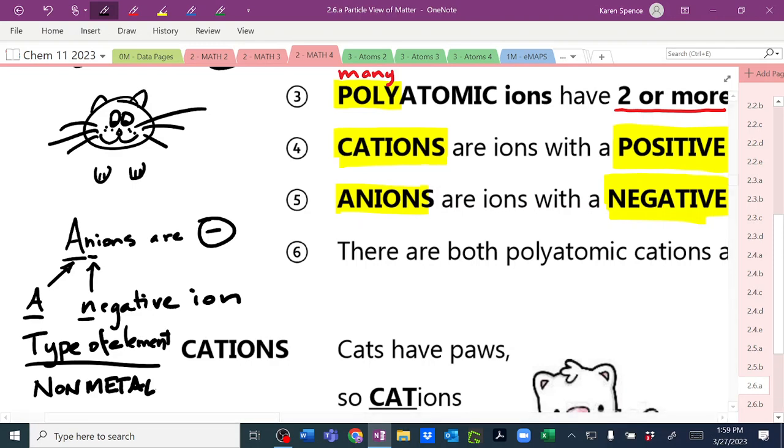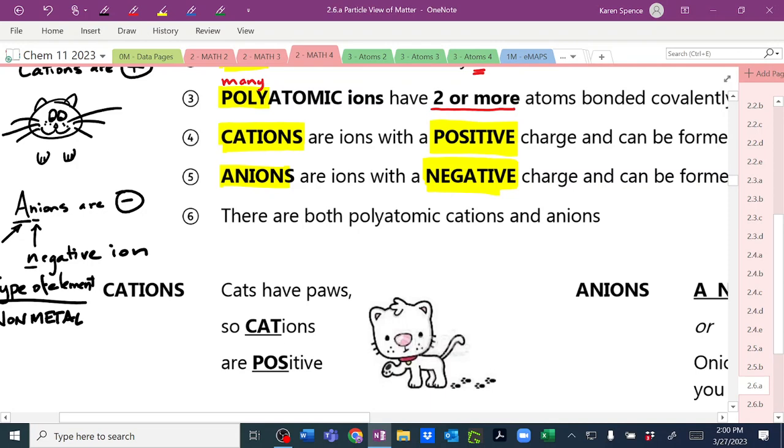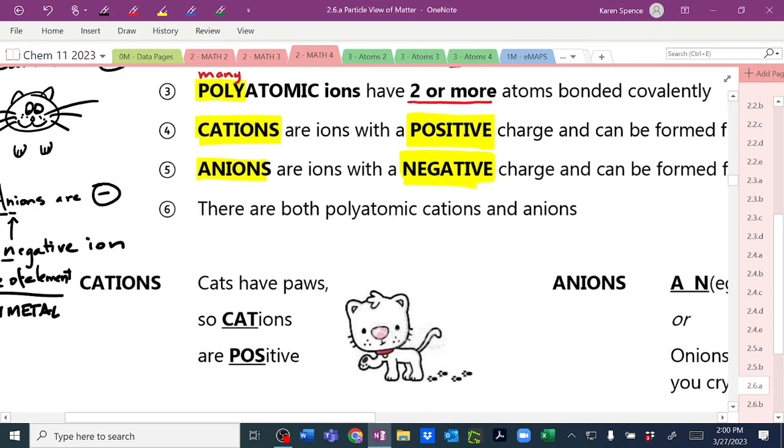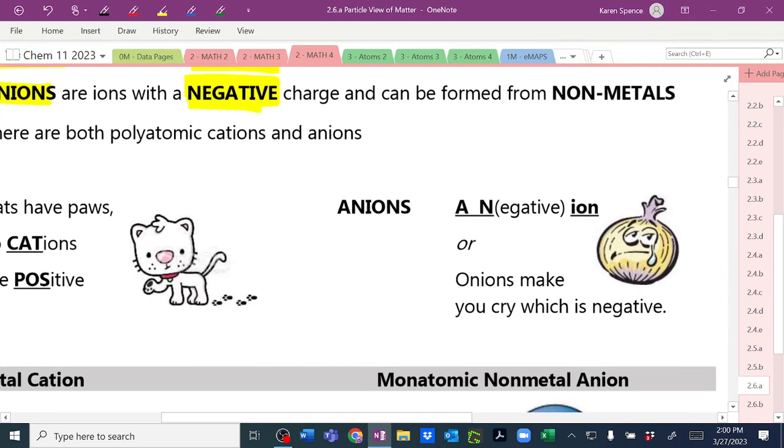So cations are positive, anions are negative, and there are polyatomic cations and there are polyatomic anions. And we have our little pictures here to help us remember. We have our cat having paws, and we have a little crying onion. I was so happy when I found these little pictures because it's like the little cat's showing you his paw, and we have a crying onion.